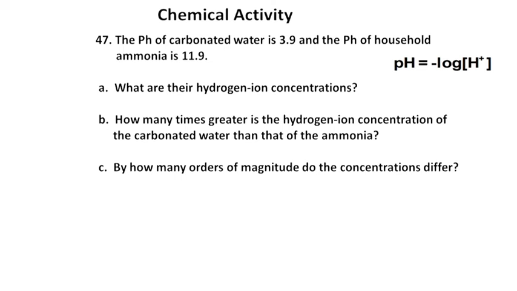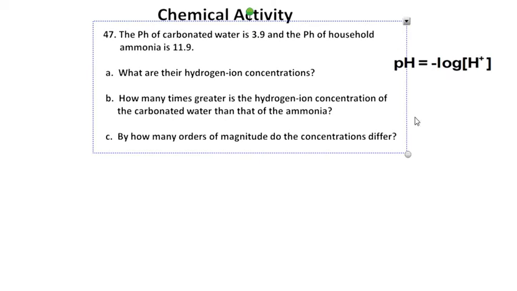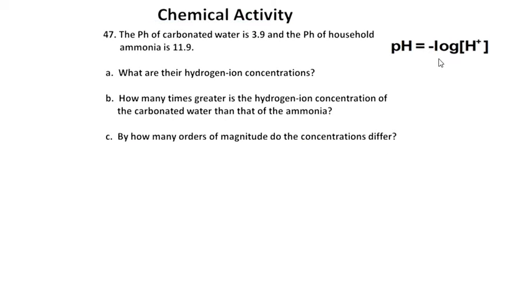The pH of carbonated water is 3.9. The pH of household ammonia is 11.9. What are their hydrogen ion concentrations? I want to see if I can create a little more room here. Okay, what we have here is our formula is given right here. pH is equal to negative log of the concentration of the hydrogen ion.